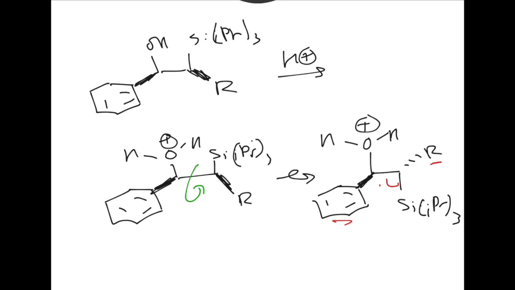So when this does the elimination, I end up making the trans double bond. So you can pick which conditions you use depending on which diastereomer you make.